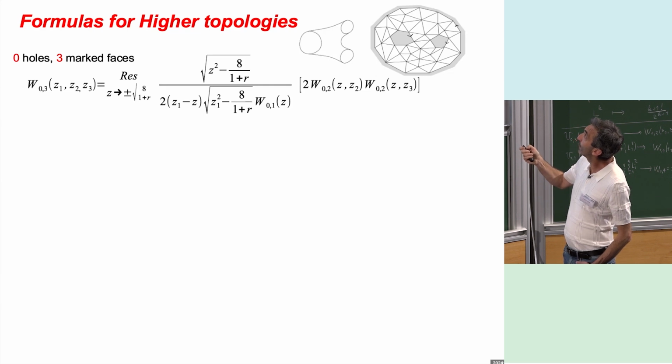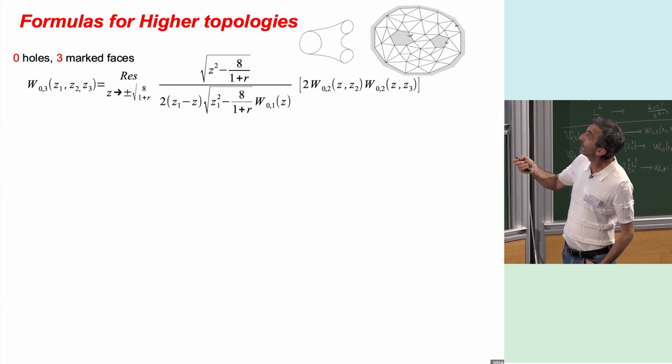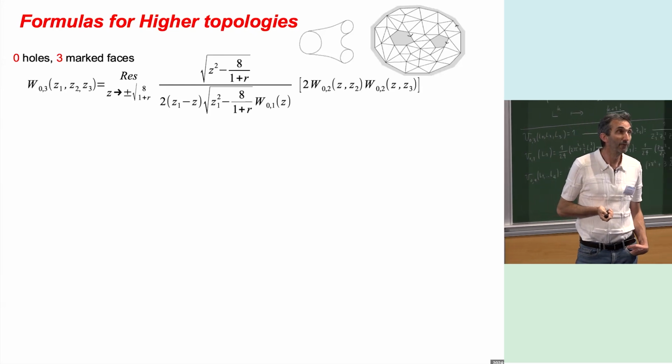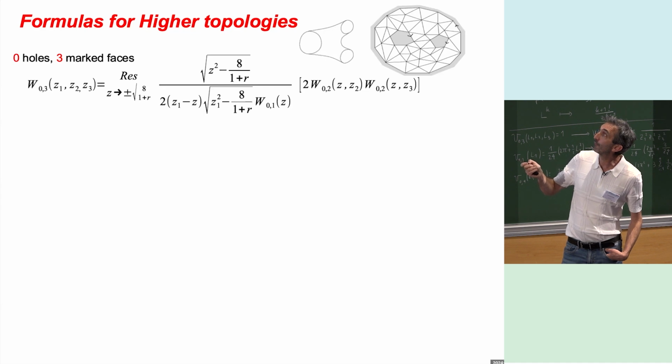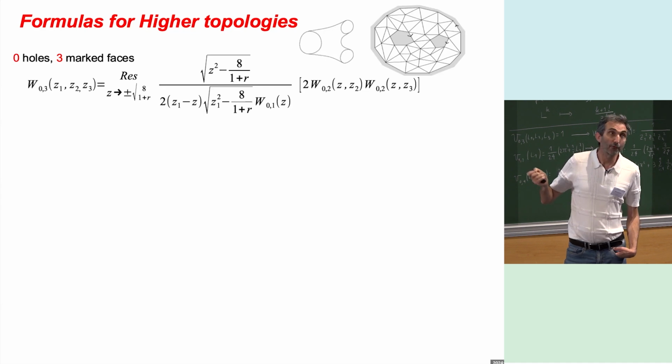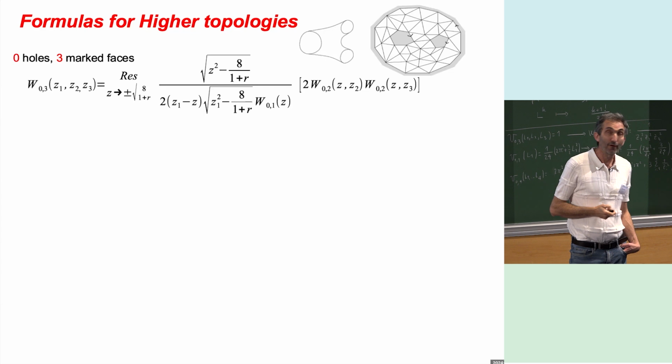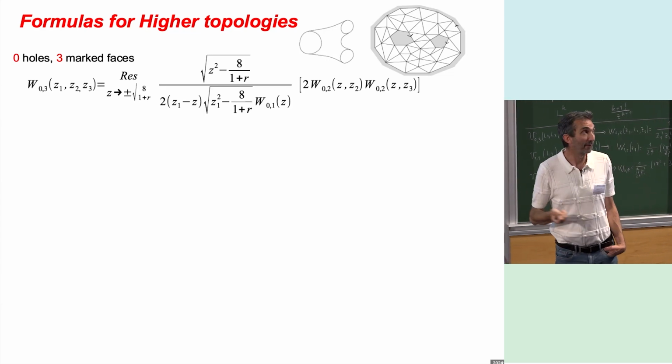Take W02 of Z, Z2, multiply by W02 of Z, Z3, multiply by 2, multiply by this big quantity here, and take the residue at Z equals, basically, the zeros of this square root here. So you have a sum of two residues, one at z equals plus square root, one at z equals minus square root. You add the result, and what you get is W03.